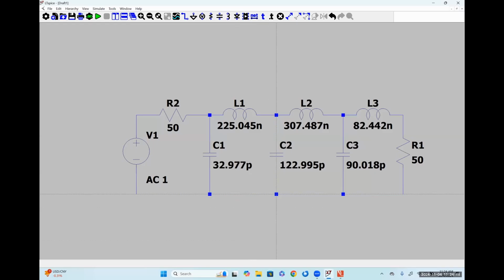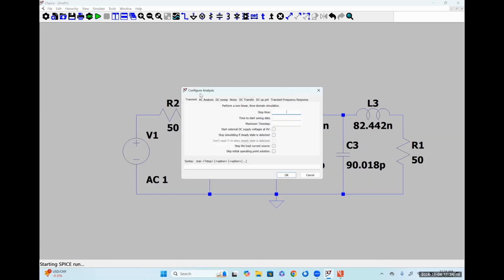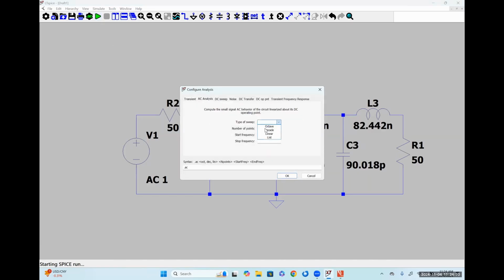Give myself a stub of wire, ground, AC analysis, decade. Let's do 1,000,000 points per decade. Let's start it at 1 kilohertz. Let's end it at 1 gigahertz.